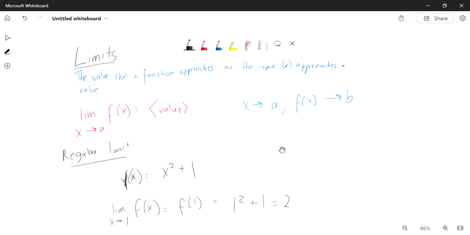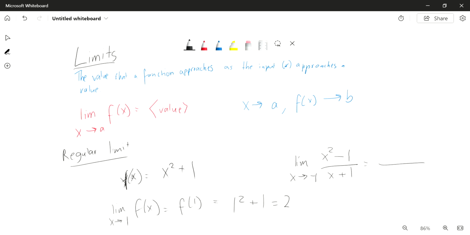But if you were to take a function like x squared minus 1 over x plus 1 and find that same limit, so instead of 1, we'll do negative 1, since that would cause an asymptote.